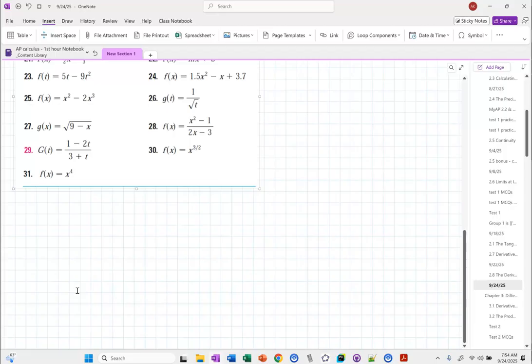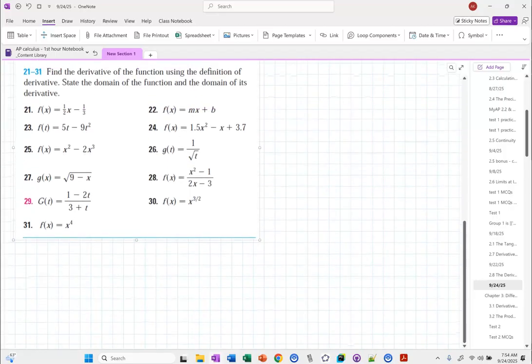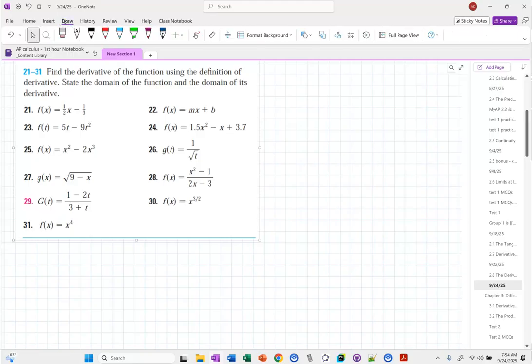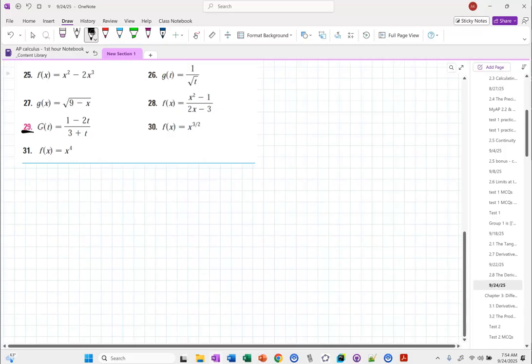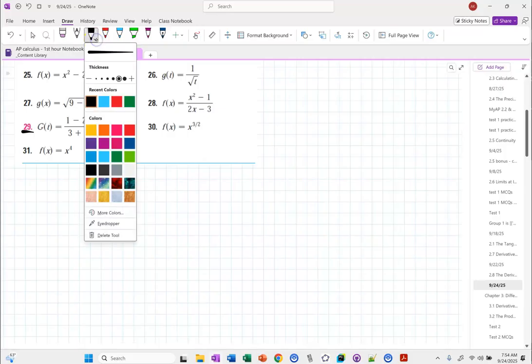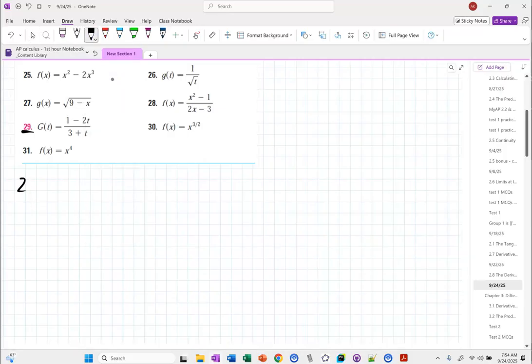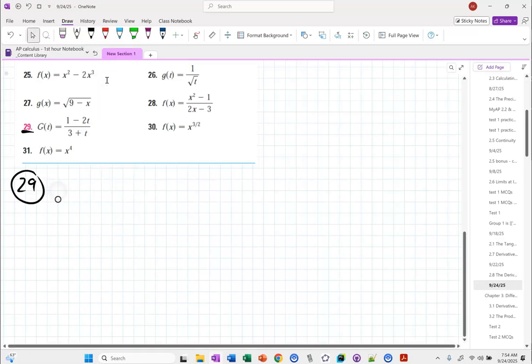So it asks us to find the first derivative and then state the domain of both the function and its derivative. And we're looking at number 29, right? Okay. All right.